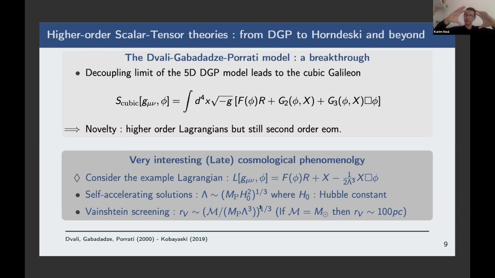Inside the Vainshtein radius, you recover exactly general relativity, what you should have, because we know that general relativity is extremely well tested at the solar system scale, for instance, which happens in this kind of theory.